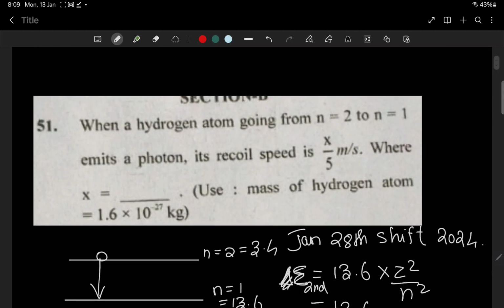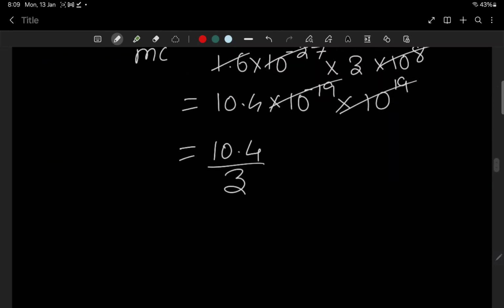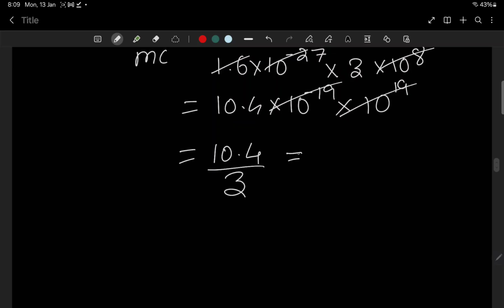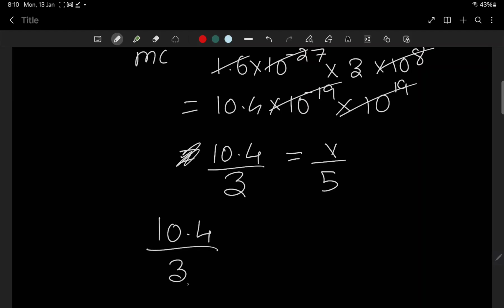What did they ask? Yes, in x by 5 terms. So 10.2 by 3. Now we need to make it in terms of 5. So let us write it like this: it is equal to x by 5, for x equal to 10.2 by 3 into 5.